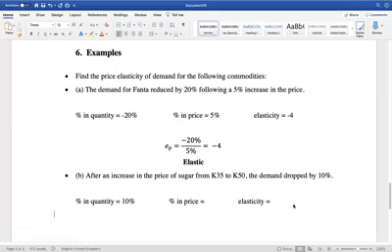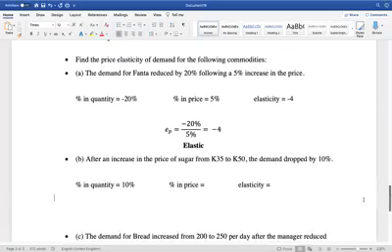People are rushing to calculate instead of looking at what we have been given. We already have the percentage change in the quantity, which is negative 10%. It's given here at the end. What we need is the percentage change in the price. There's an increase in the price of sugar from 35 kwacha to 50 kwacha.